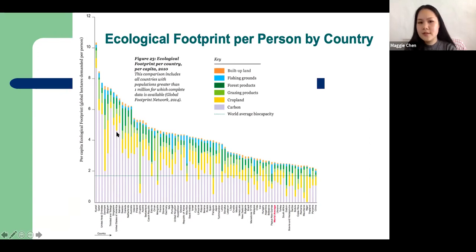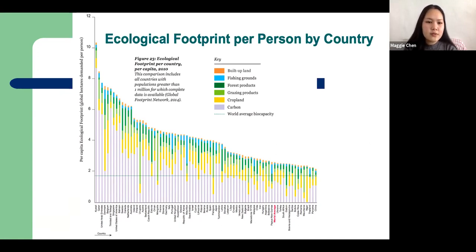There's a lot of carbon, which makes sense because we use a lot of fossil fuels, both in the energy we need to power things and in the types of cars and our transportation sector.